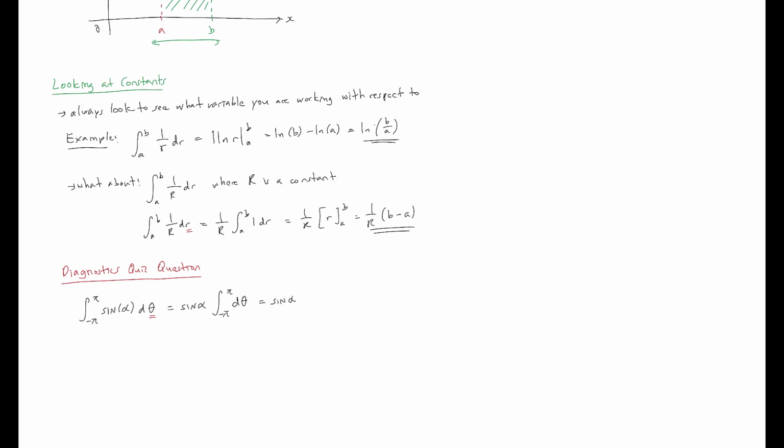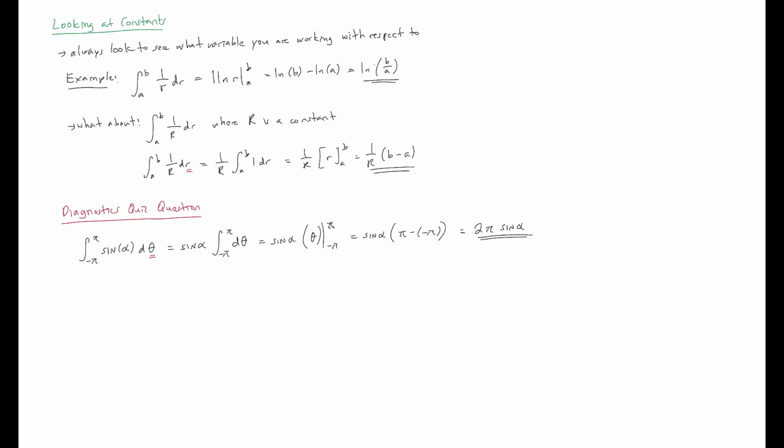So we have sine alpha times theta from negative pi to pi, which is equal to sine alpha times pi minus negative pi, which is equal to 2 pi sine of alpha. So once you understand basic concepts, a lot of the questions become fairly straightforward to work through.